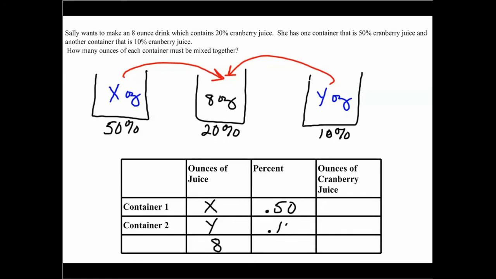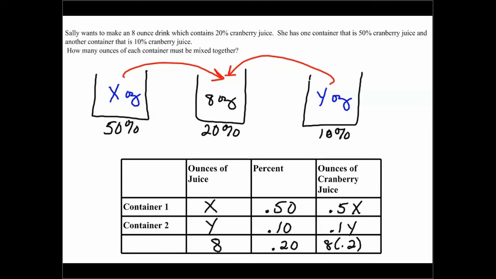In the second container is 10%, 0.10. In the final container it's 20%, or 0.20. Ounces of cranberry juice, well, we're going to multiply the amount of juice we have times the percent. So we'll have 0.5x, the 0 is optional, 0.1y, and then 8 times 0.2.